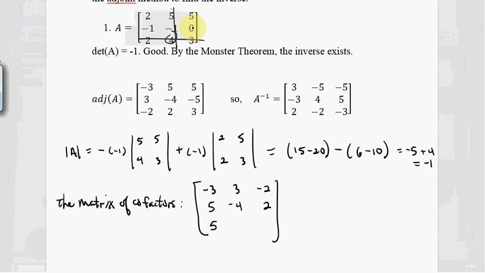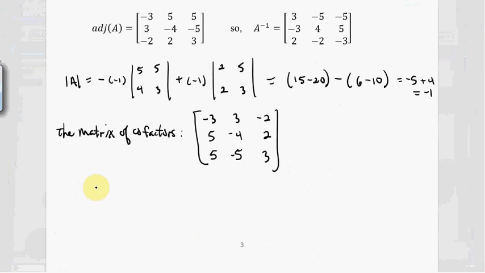This becomes 0 minus 5, which is -5, but the sign here is negative for this position, so +5. Come to that last term there, delete its row and column. We get -2 plus 5, which is 3, and the sign there is positive. So now the adjoint is the transpose of this matrix.